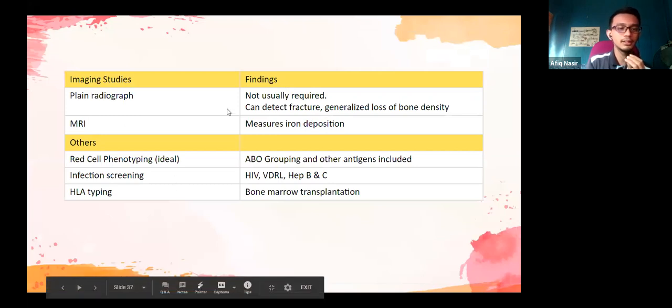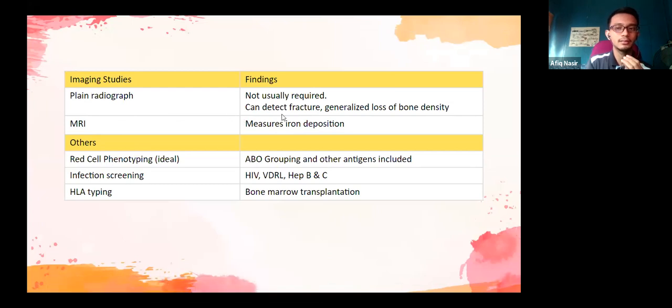Other investigations include plain radiograph to check for thalassemic facies, and HLA typing if we want to do bone marrow transplantation.